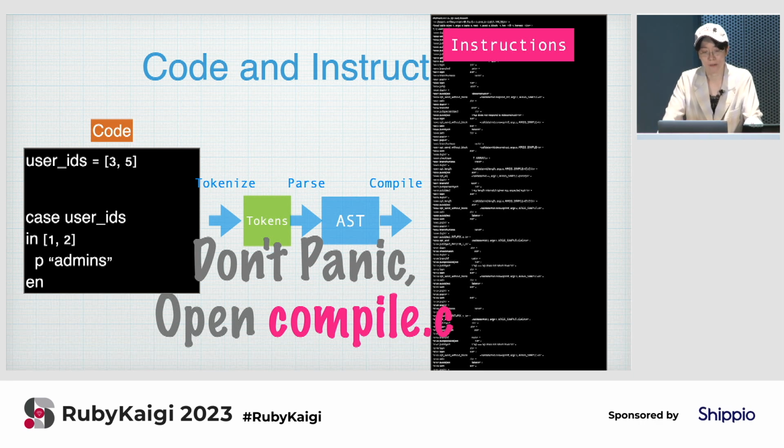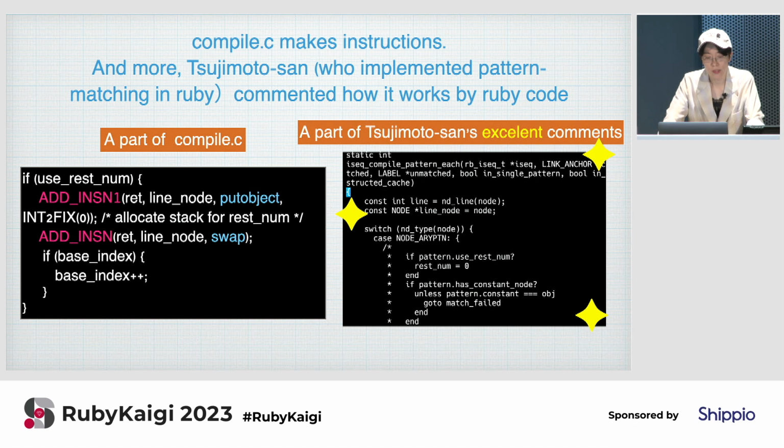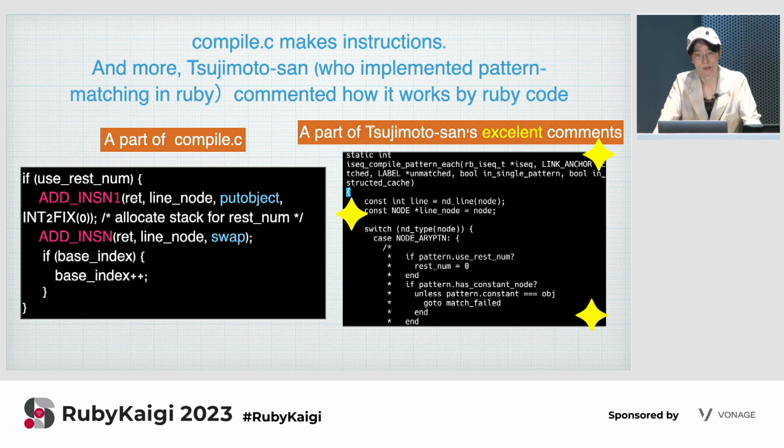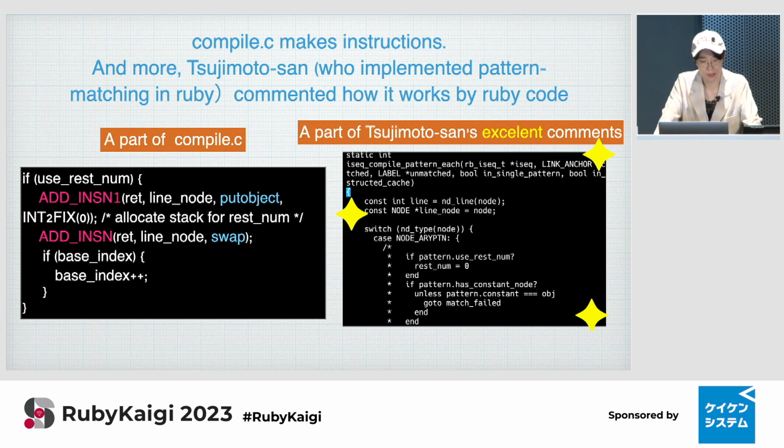What we can do as the next action is open the compile.c file in the Ruby source code. compile.c makes the instructions, so by comparing the instructions and reading the corresponding code in compile.c, we can understand what is going on, like the add instruction function, of course the add instruction in compile.c.